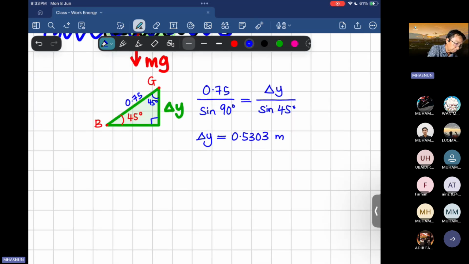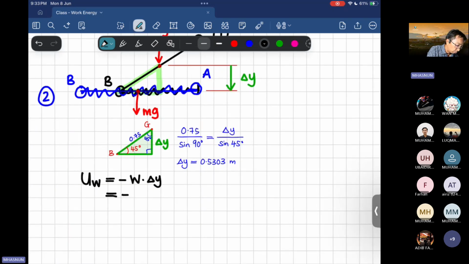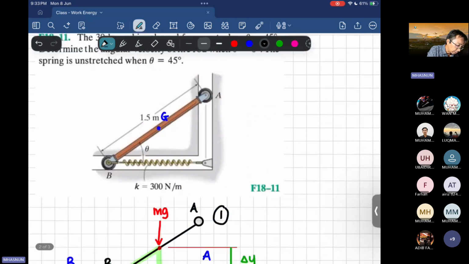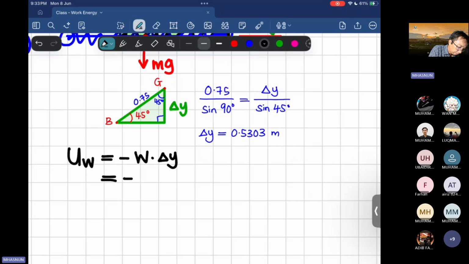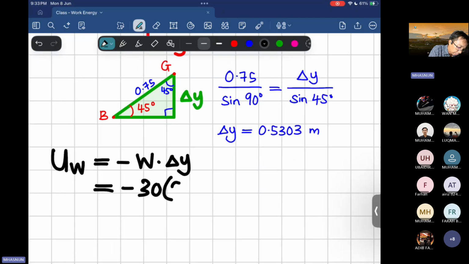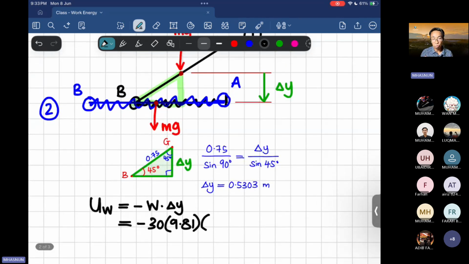So from here we can then calculate UW, which is minus W times delta y, which is equal to minus, what is the weight of this? 30 kg. Okay, so 30 kg. So we have here minus 30 times 9.81. Okay, times, remember delta y now is pointing downwards. So we will have a negative value of delta y.